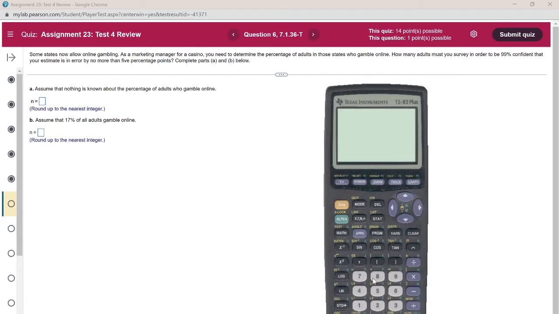It would be 0.995, because alpha is 1%, so alpha over 2 is 0.005. To the left of this z-score there is 0.995 of area, so the z-score is 2.57. So we found the z-score.